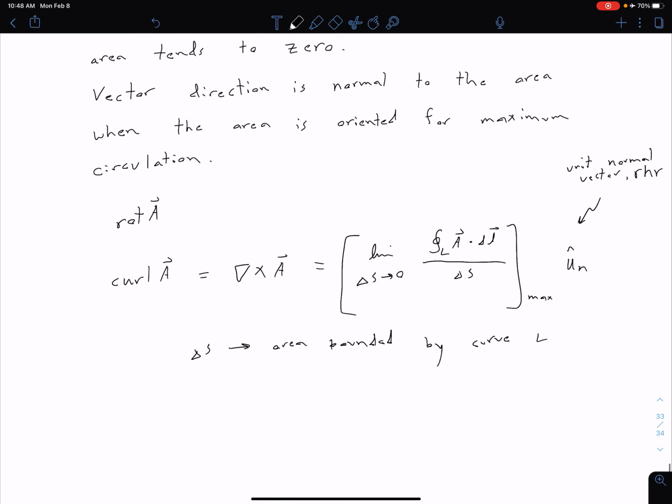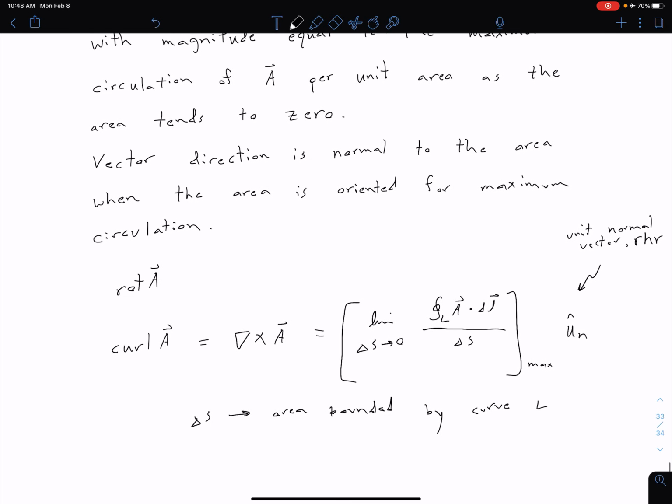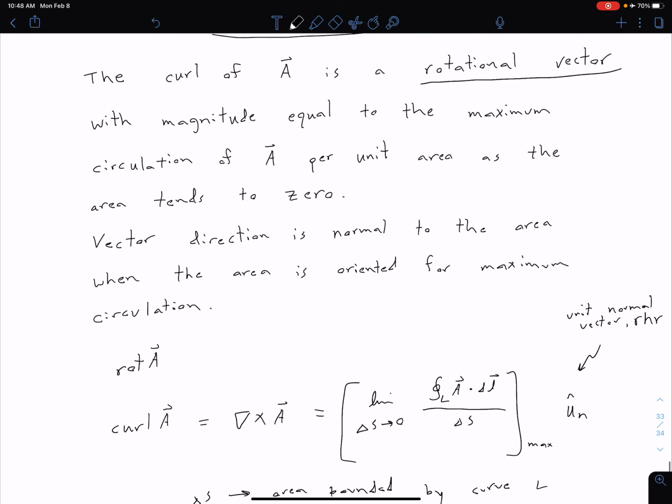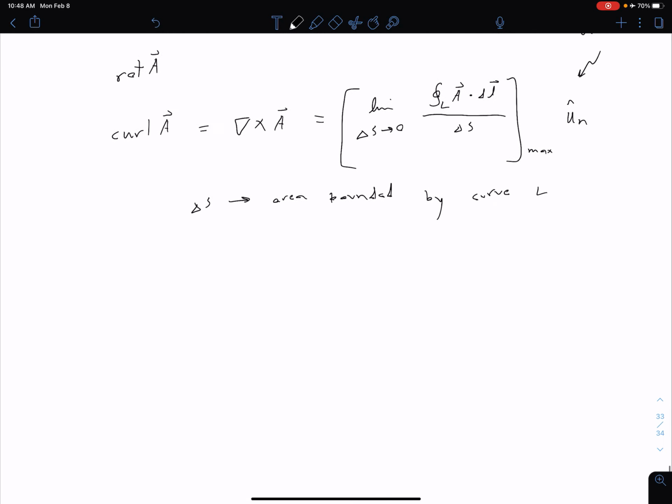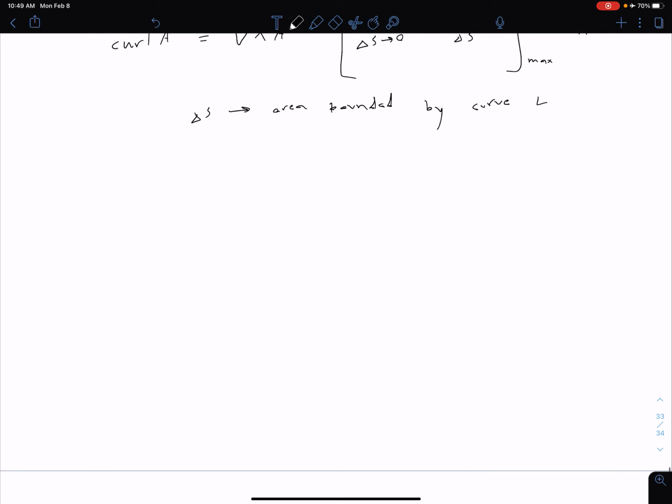So let's talk about, as we have with our other operations, a physical interpretation. What does this actually mean as opposed to this big unwieldy definition here? So essentially the curl of the vector field A is just talking about how much it rotates at some point.